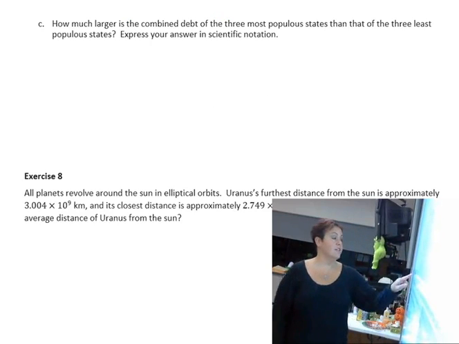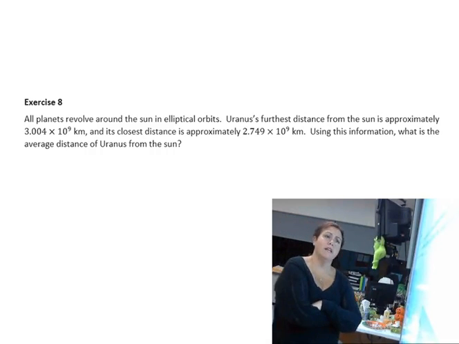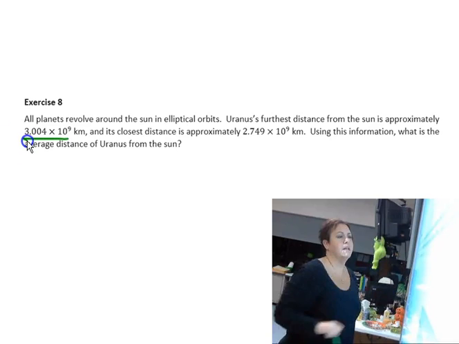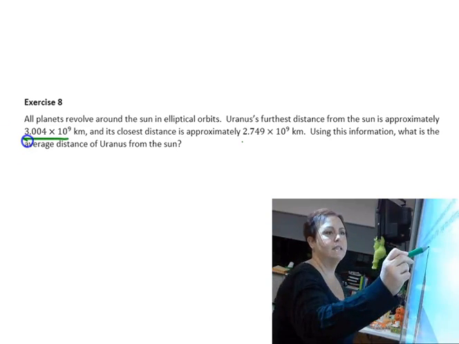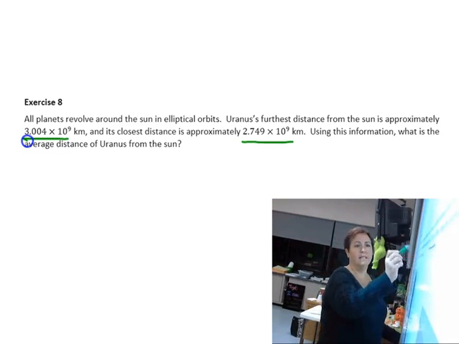And then for exercise number 8, all planets revolve around the sun in elliptical orbits. Uranus' furthest distance from the sun is approximately 3.0 times 10 to the 9th, and its closest distance is that. Using this information, what is the average distance of Uranus from the sun? Average means that we have to add them together and divide by 2. I'm going to take just the numbers out front and keep the times 10 to the 9th.